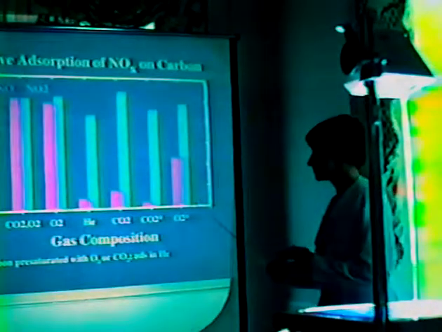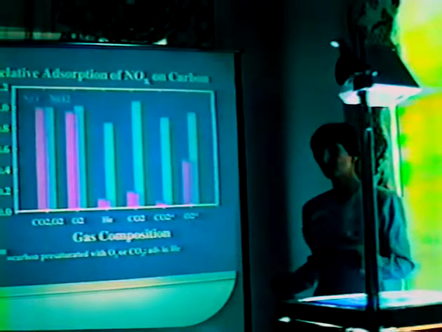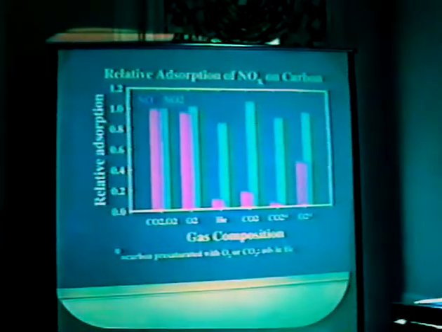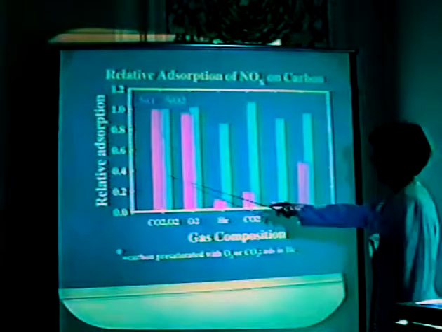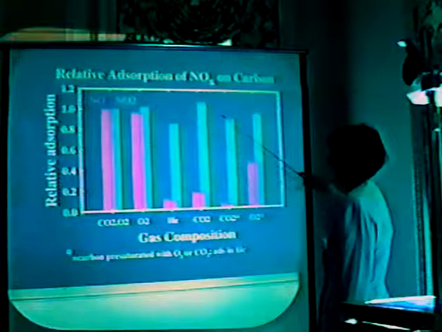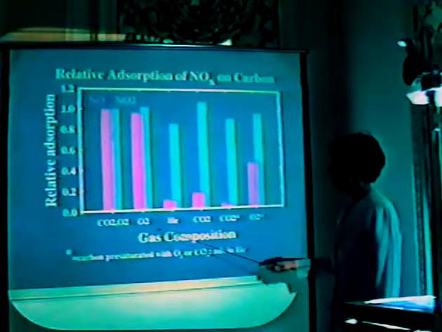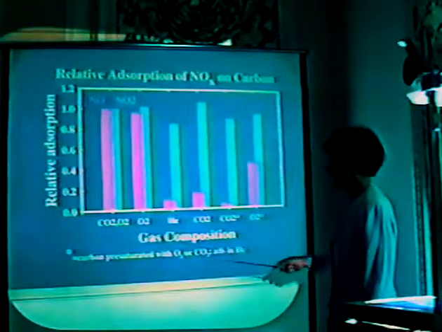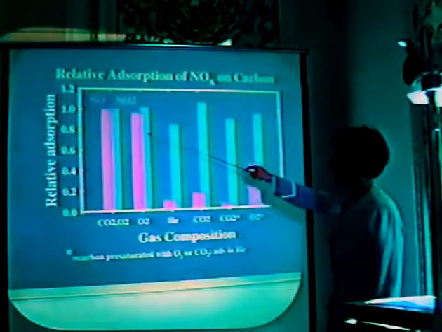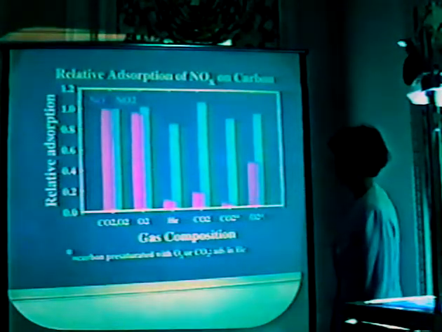So it may be due to slightly higher levels of oxygen present at the beginning of the adsorption rate. Now, if you look at the situation with NO2, adsorption occurs irregardless of whether you have oxygen present or not. Adsorption in helium alone is only very slightly less than when oxygen is present.